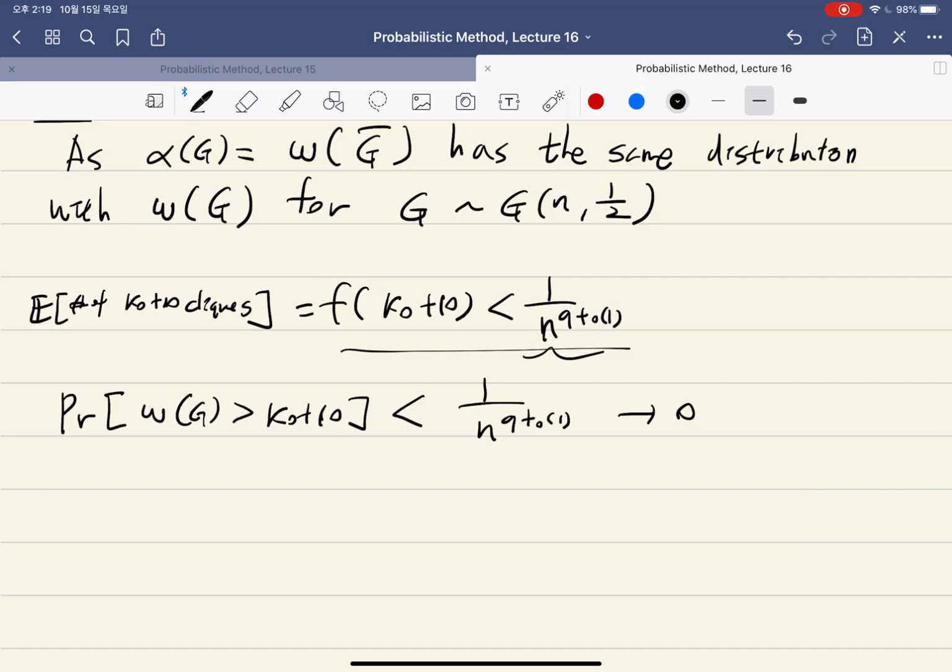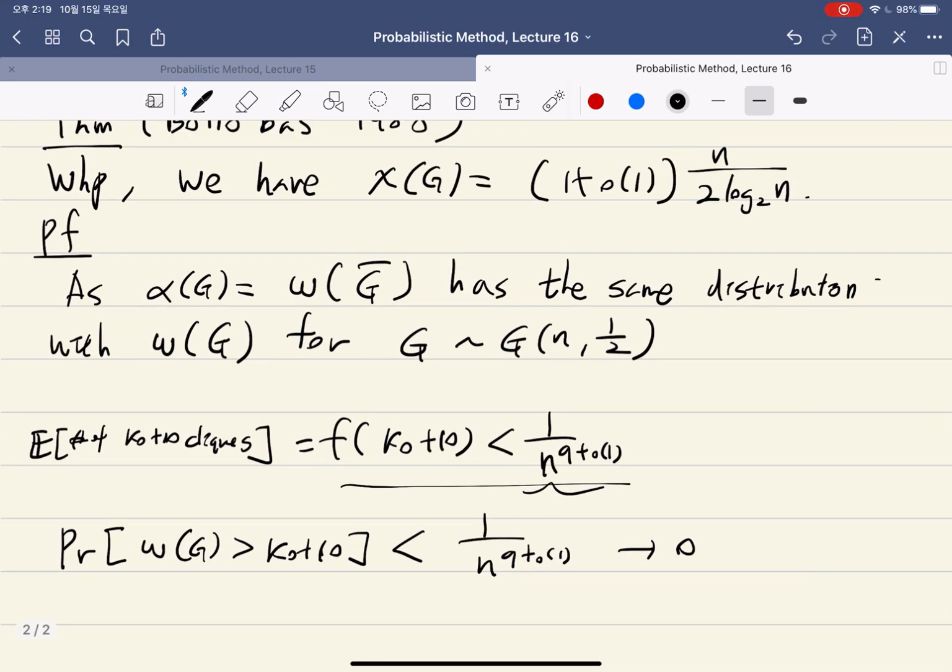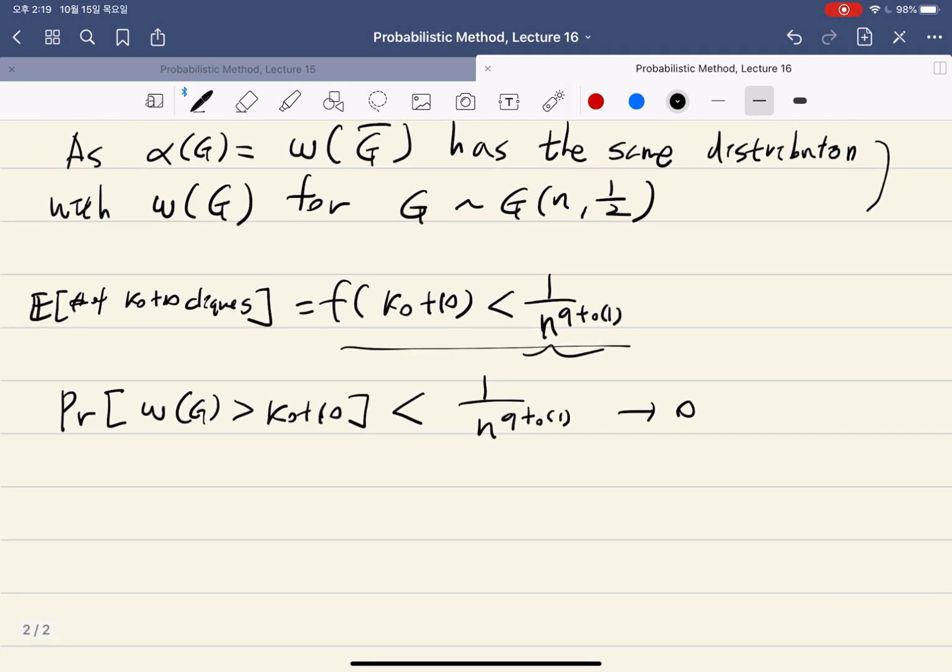So with high probability, we know that omega of G is upper bounded by this number.